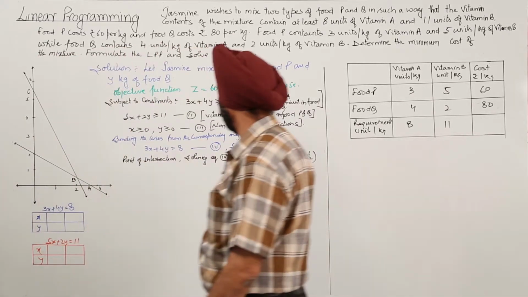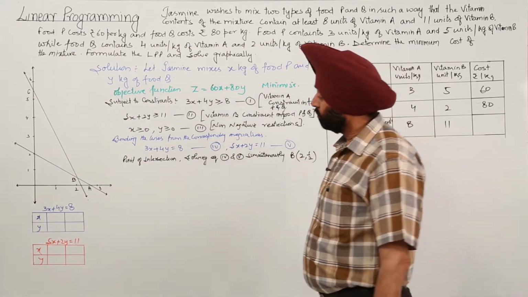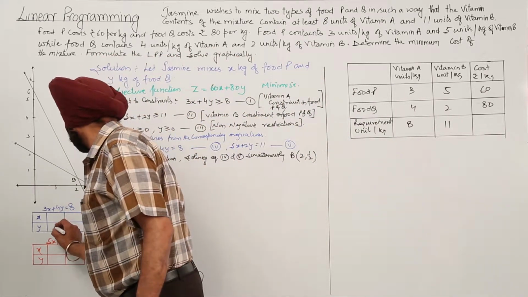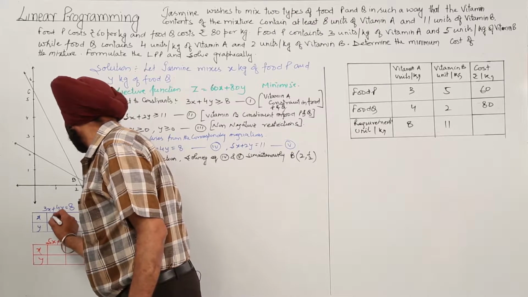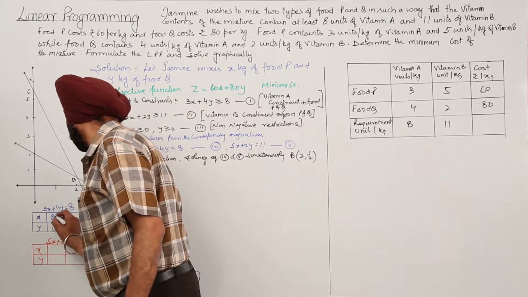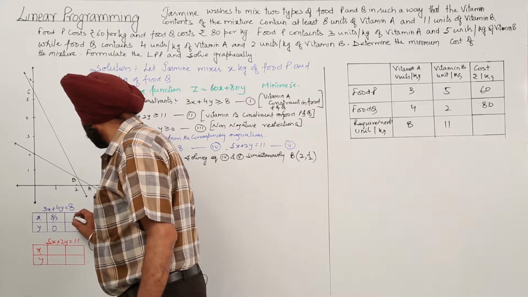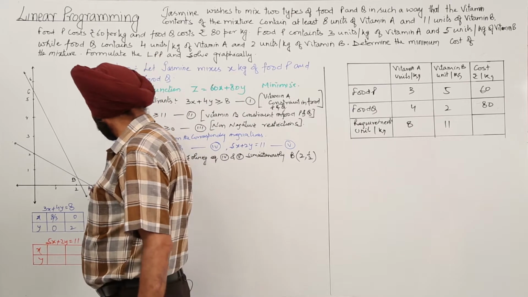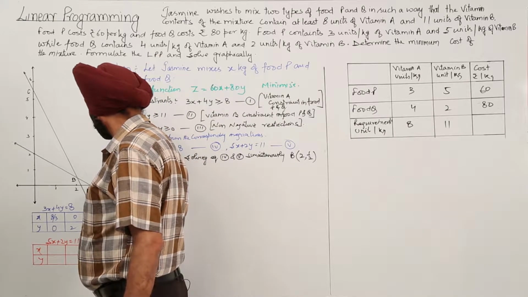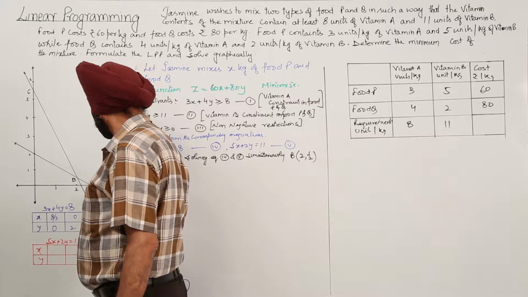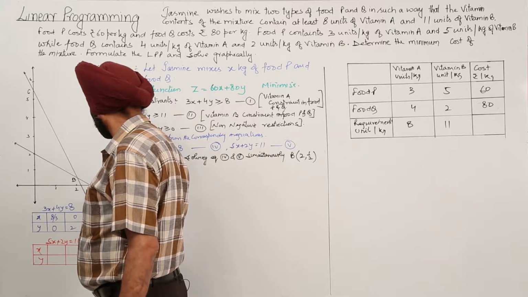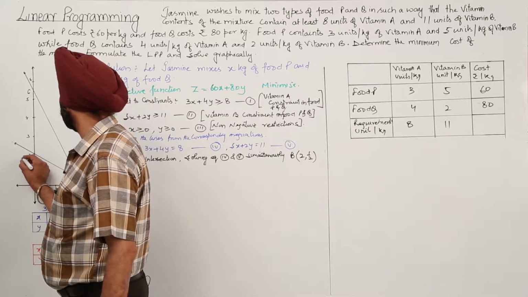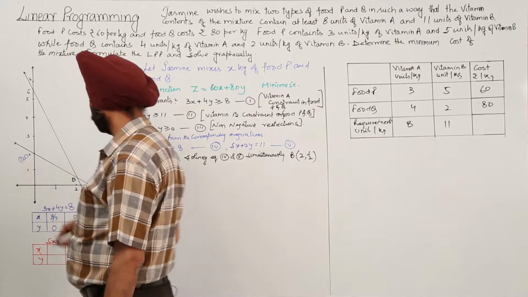X and y. Okay, so here I have made the graph. Now when we put y equal to 0, we get x as 8 upon 3, and when x is 0, y is 2. So we have the point 8 upon 3 comma 0, and the point 0 comma 2.